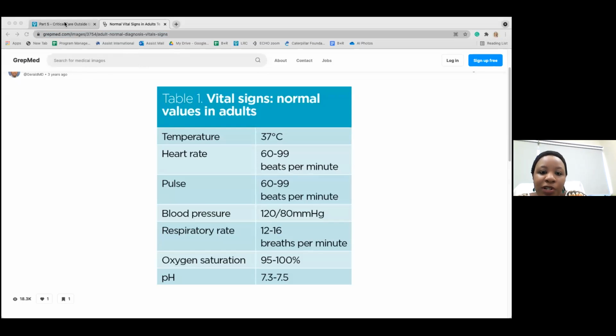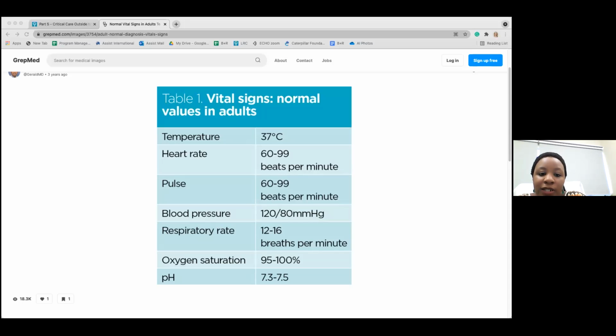We have our temperature on average 37, but we know plus or minus 1, so 35.5 to 36.5. Our heart rate, about 60 to 90 beats per minute. Pulse, which is the same as our heart rate. Our BP, 120/80, even though in critical care, we like to talk about the MAP, the mean arterial pressure, which should be between 60 and 90.